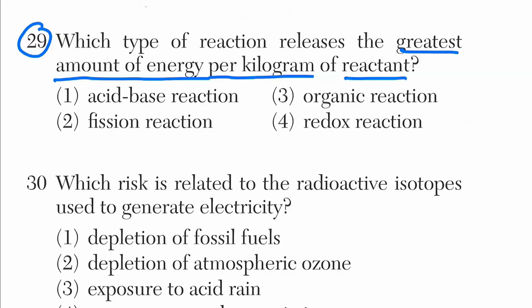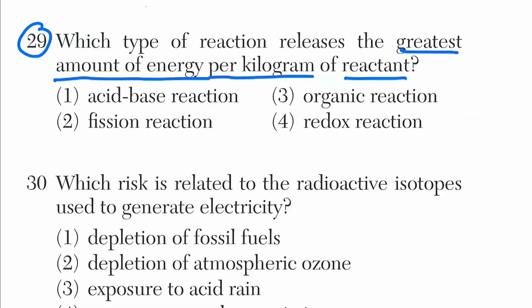The Regents loves to pair nuclear equations with chemical reactions. And listen, the last part of questions 27, 28, and 30 are normally the nuclear equations. The questions go from atomic structure all the way to the nuclear part, which is normally people's last unit that they teach.